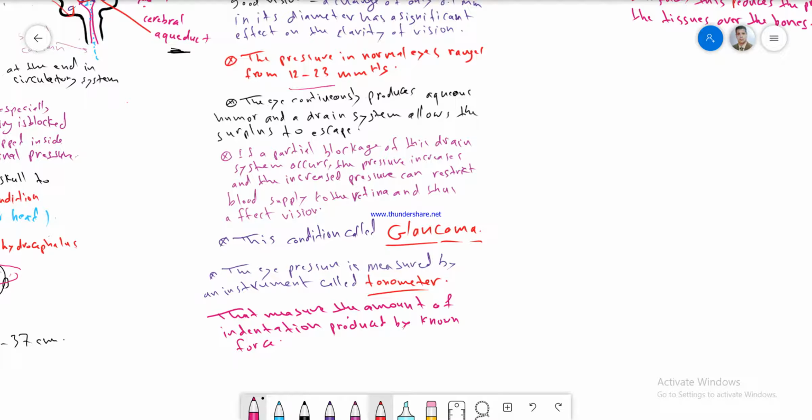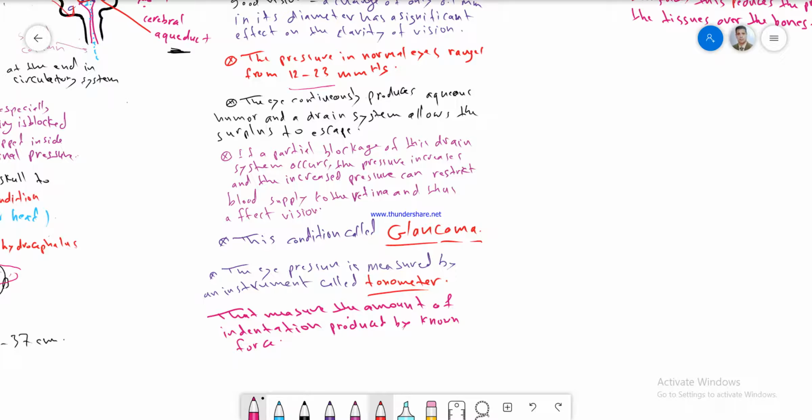If the drain system of the eye is closed for any reason, the aqueous humor which is produced in the front part of the eye will increase the pressure inside the eye, and this increase in pressure restricts blood flow to the retina, the sensitive part of the eye.